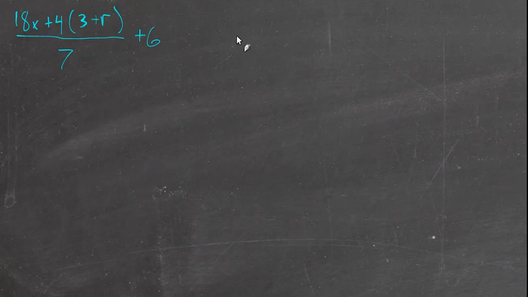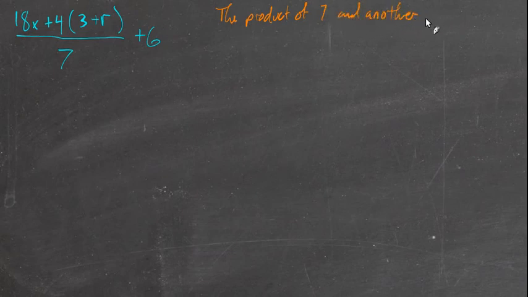And a most basic one would be something like the product of 7 and another number. Well, we don't know what that another number is, so let's just call it x.